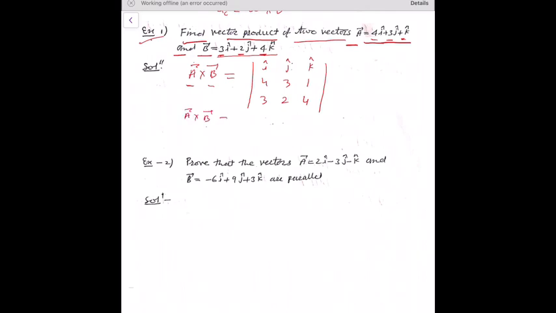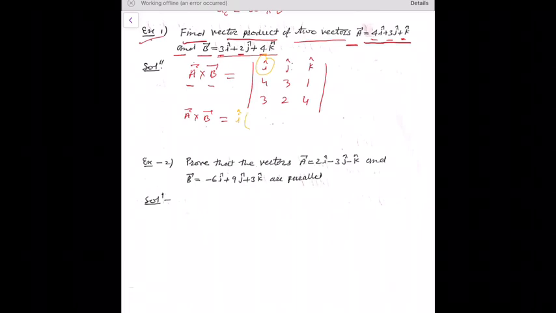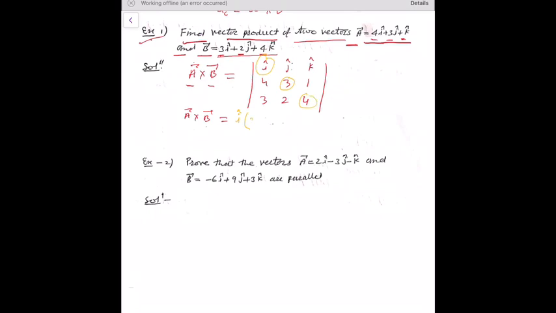So A vector cross B vector is equal to, first you write I cap. For I cap, first you multiply 3 into 4, 3 into 4 minus 1 into 2. Next, plus j cap.